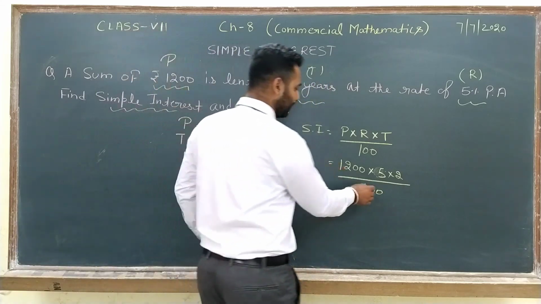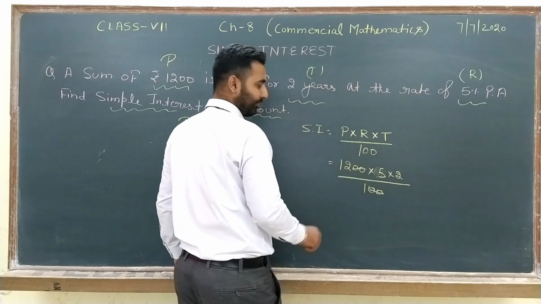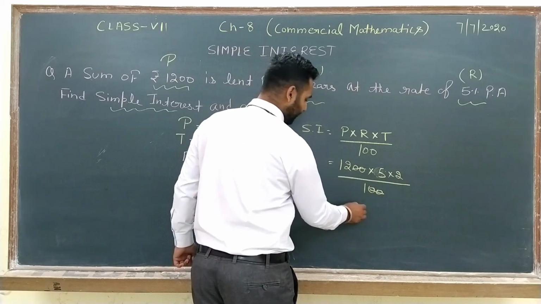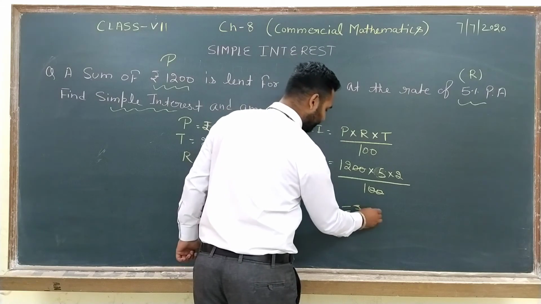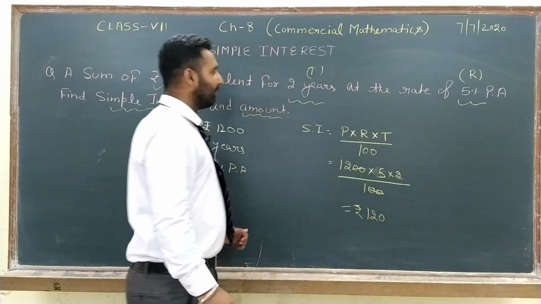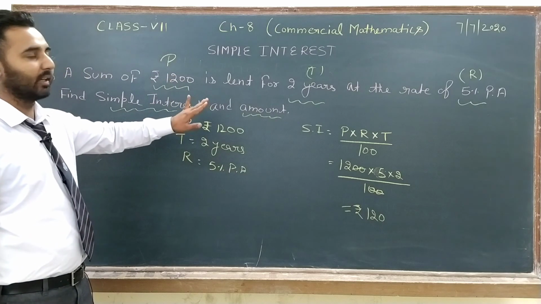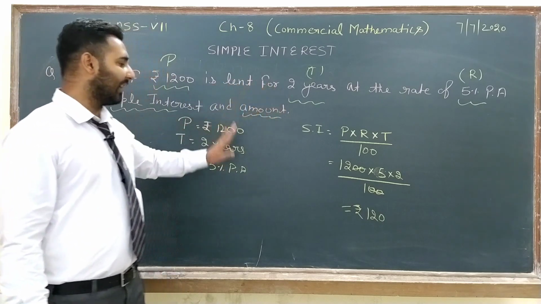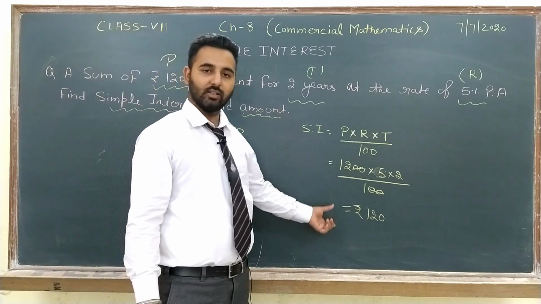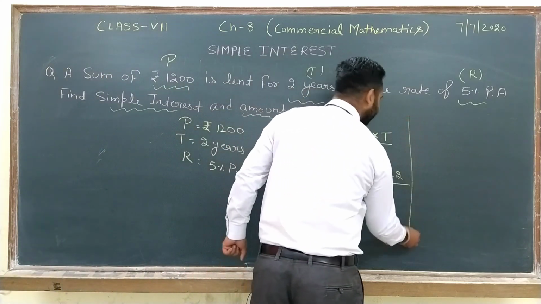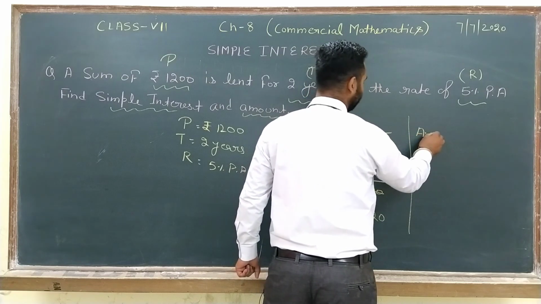Now 20 will be cancelled by 20. 5 twos are 10 and 10 multiplied by 12, we will get rupees 120. Means from 1200 rupees at the rate of 5% per annum, in 2 years I will get interest of rupees 120. Now I have to find out the amount.